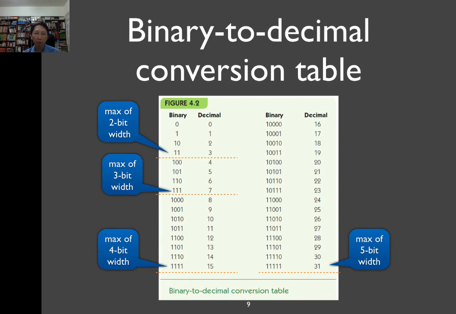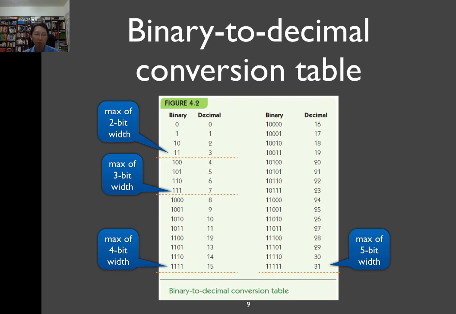This is a table of binary to decimal conversion, and we list from 0 to 31. And we see the width of the digit getting wider and wider. 我们可以看到它的位数的宽度越来越宽。In particular, we see that the maximum number of 2-bit width is 1, 1 in binary, and the value is 3 in decimal.